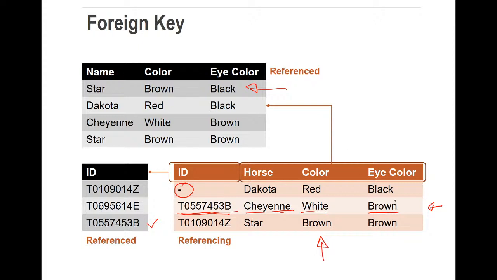One, we know for sure a particular horse is owned by someone. We have that value of the ID. Second, we do not know whether any person owned the horse. The third one, we know that the horse is not owned by anyone because it's not even in this table. This is what we call a null value. We will have some practice on a null value later.